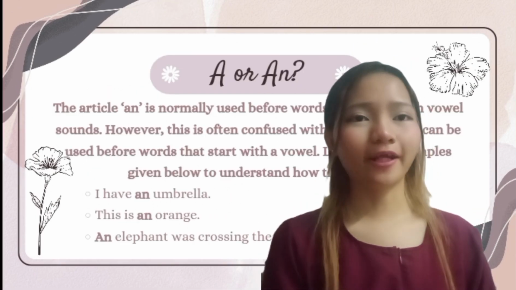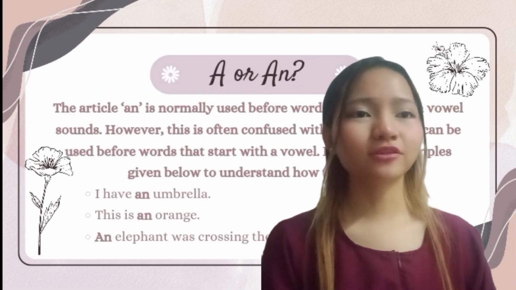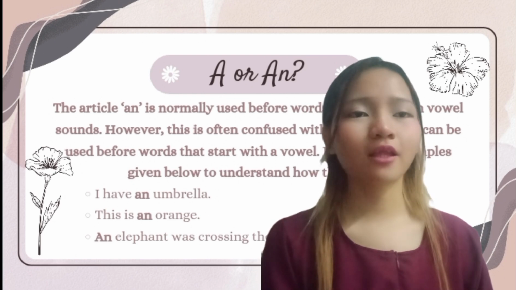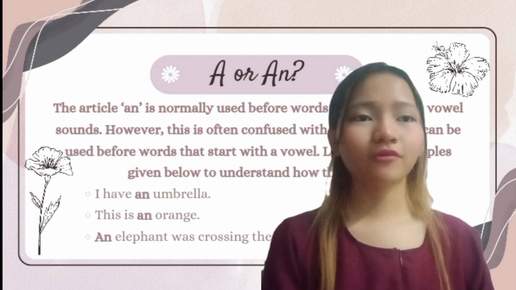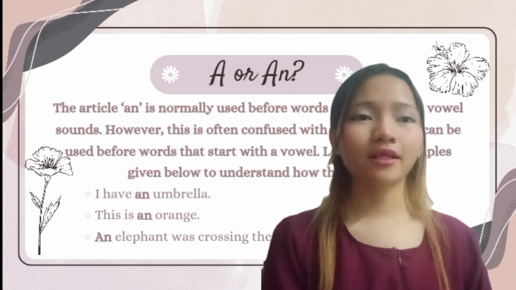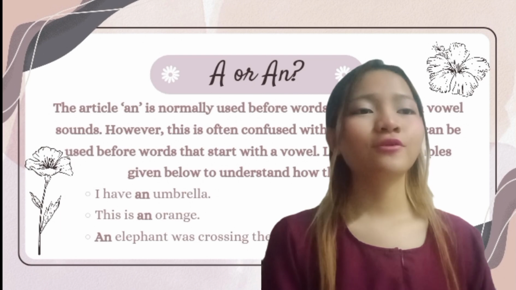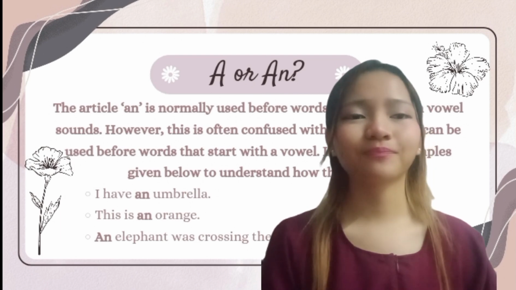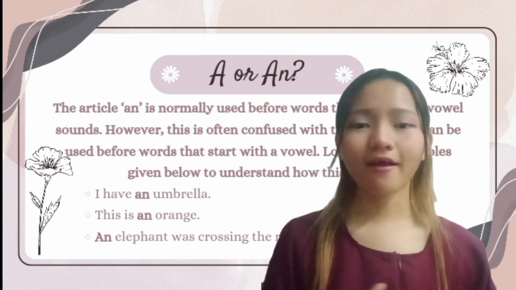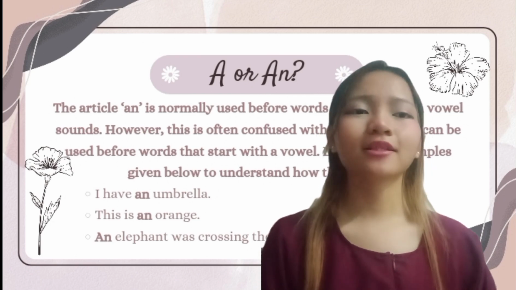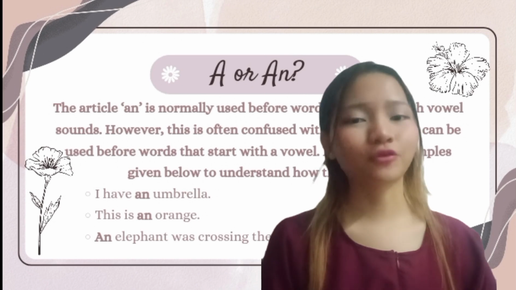Next is a or an. The article an is normally used before words that begin with vowel sounds. However, this is often confused with the idea that it can be used before words that start with a vowel. Look at the examples given below to understand how this works. I have an umbrella. This is an orange. An elephant is crossing the road.